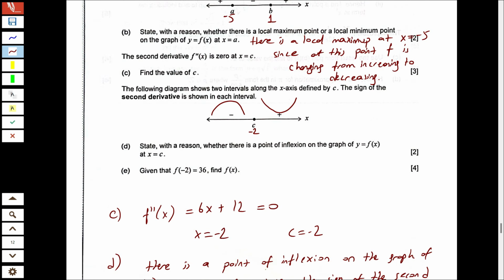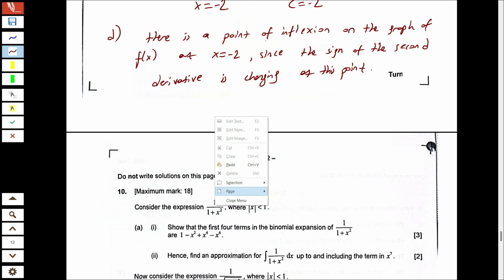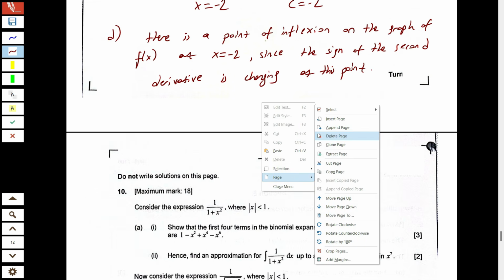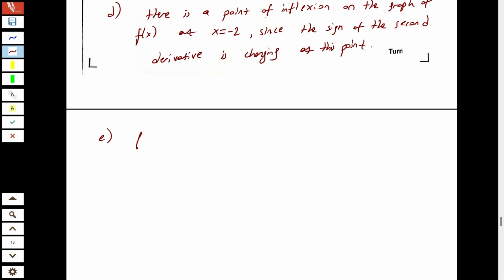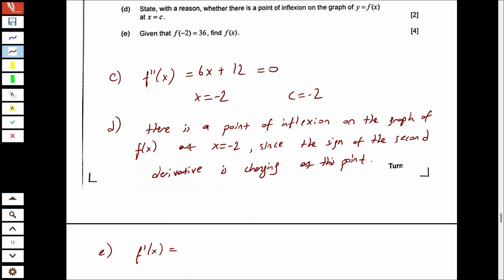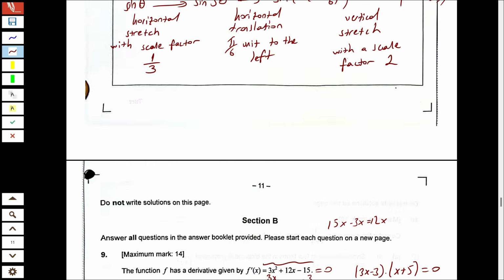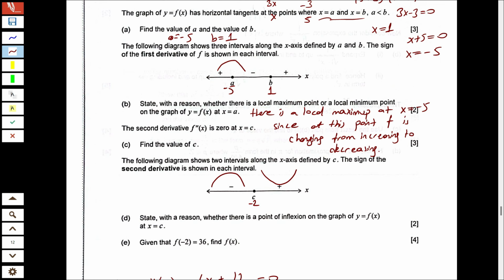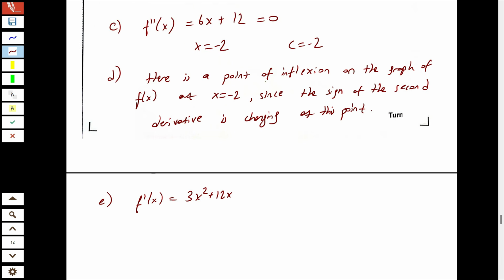The next question, given that f of minus 2 equals 36, find f of x. Okay, we're going to find f of x. I know the first derivative of this function. Let's write it again. The first derivative is given as 3x squared plus 12x minus 15.